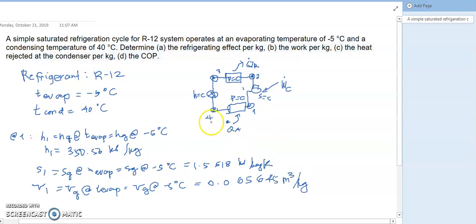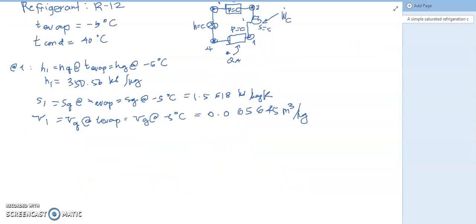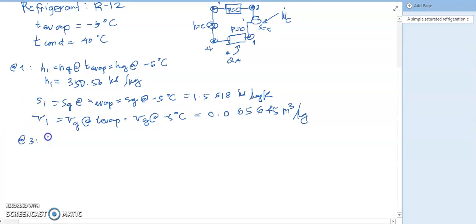Okay, those are the values for point 1. Now, let me proceed to point 3. At point 3, in ideal condition, this is saturated liquid. So technically, H3 is just H sub F at T of the condenser.